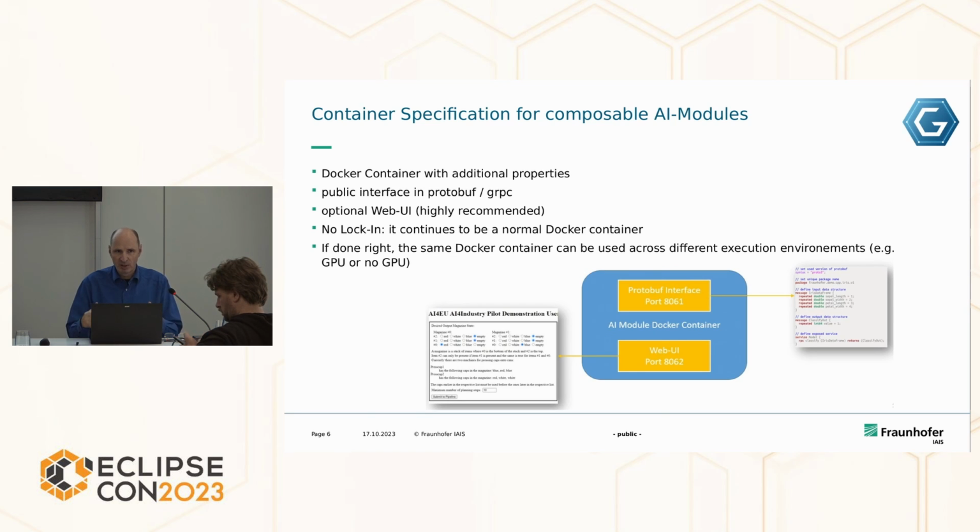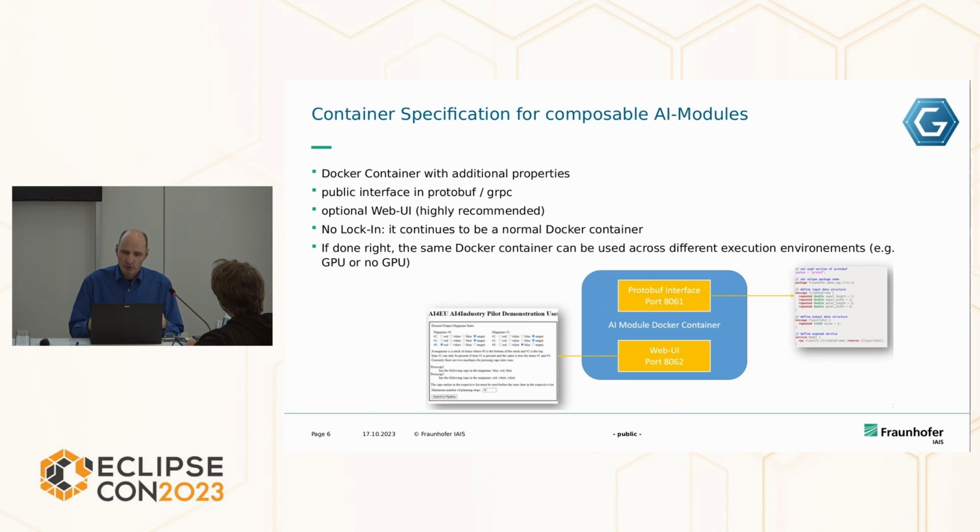We use protobuf and gRPC for the communication between the nodes, between the Docker containers. That has very important advantages because it is programming language neutral and it can be automatically parsed, and the stubs and skeletons for the communication can be automatically generated on the fly.